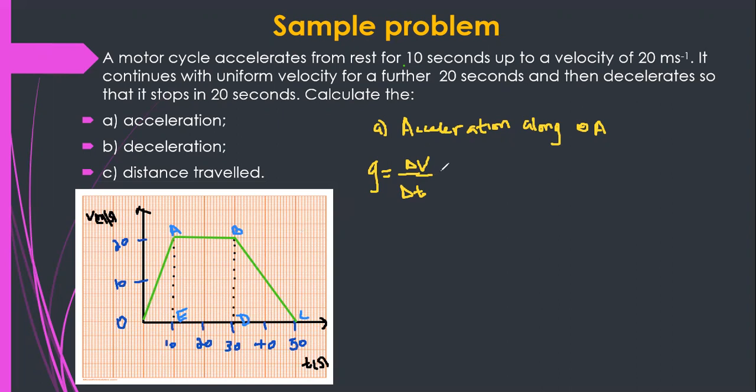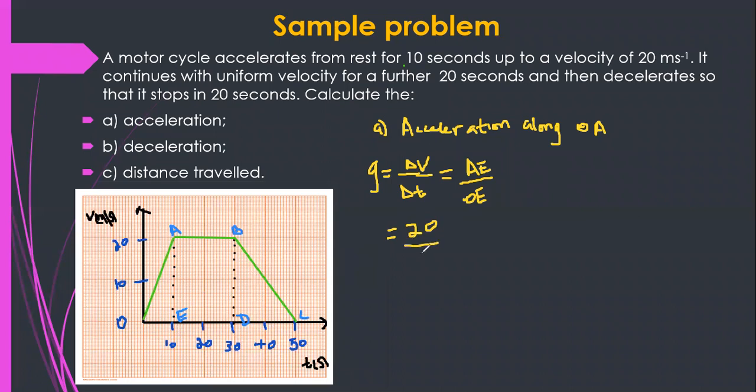Okay, so let me write this clearly. So it's going to be AE divided by OE. Okay, so then we're going to have our gradient as AE. I've explained this, so we have 20 minus 0, and then you've got 20 here. And then OE, which is this on the x-axis, which is 10.